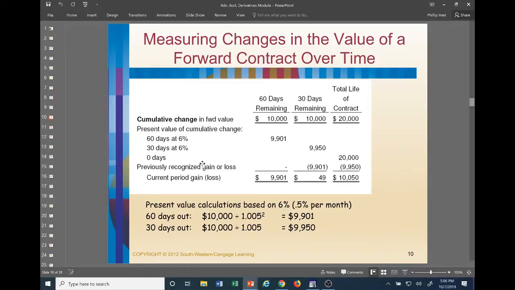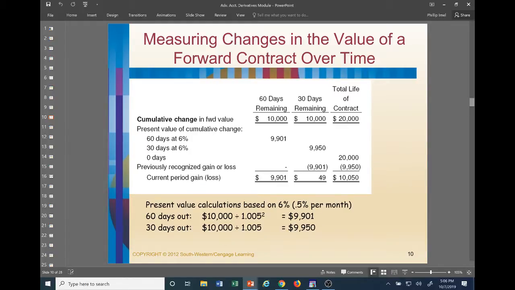So let's look here at the present value of cumulative change. We can see 60 days at 6%. The present value calculations based on 6% is going to be 0.5% per month, because obviously 6% divided by 12, because there are 12 months per year, is 0.5% per month.